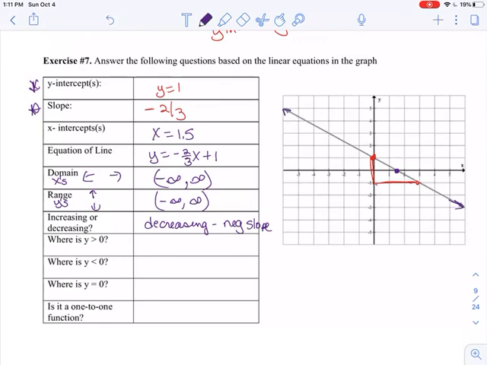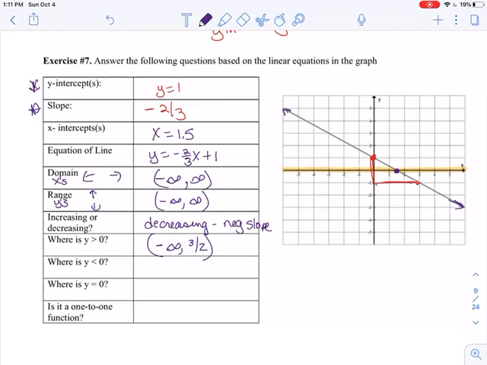It is going down. Where is y greater than 0? Here is y equal to 0. I'm going to draw a line right here. This x-axis is y equal to 0. So I want to know where it's greater than 0. Basically all the values from negative infinity to 3/2.